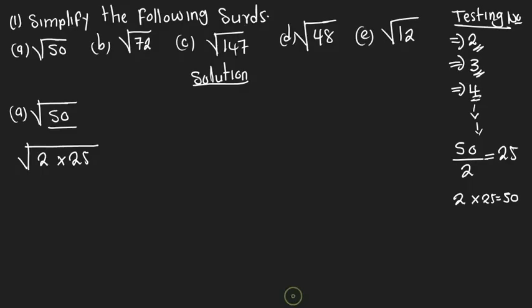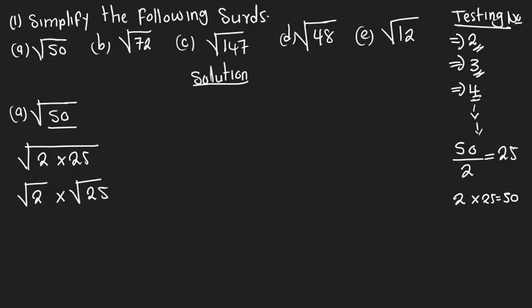It's true. So, if that is true, then you can break them down. Please, I said you can break them down. Don't ask me why you are breaking them down. You are supposed to break them down, because this is mathematics. So you can say square root of 2 multiplied by square root of 25.